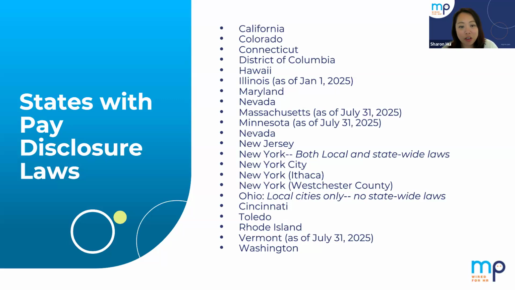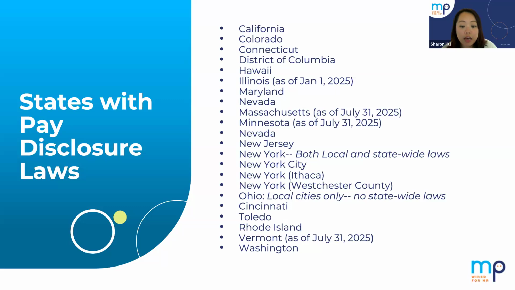So on the screen, you see a number of states, including their local cities, that have state-specific or local city ordinances when it comes to disclosing pay information. Some of them have had this law in effect for a while, but you will also see some new ones coming up in January 2025, as well as some coming up in the middle of next year, in July of 2025.